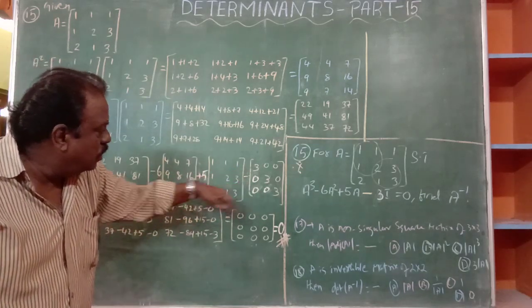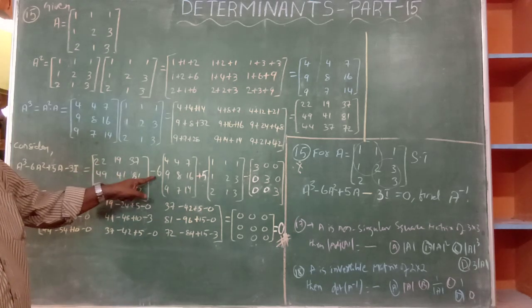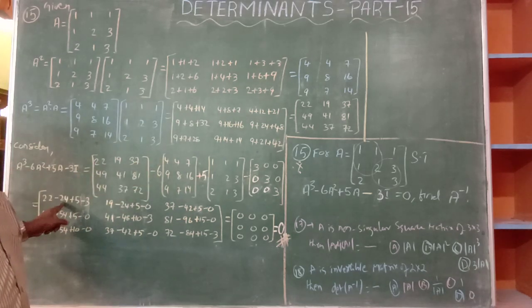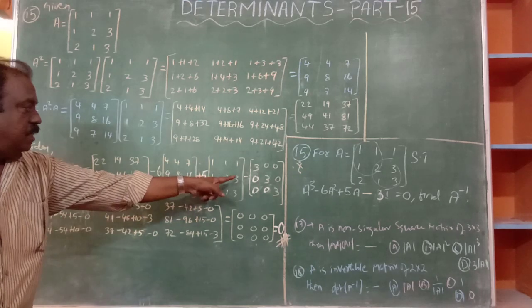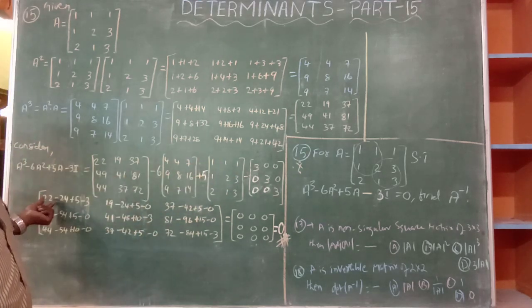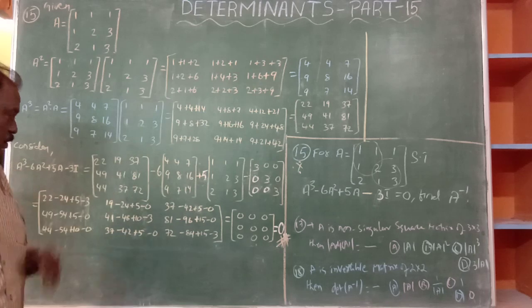You see it is minus. Now this is 22 minus 6 into 4, 24, plus 5 into 1, 5, minus 3. Here you see: 22 minus 24 is minus 2, plus 5 is 3, minus 3 is 0.